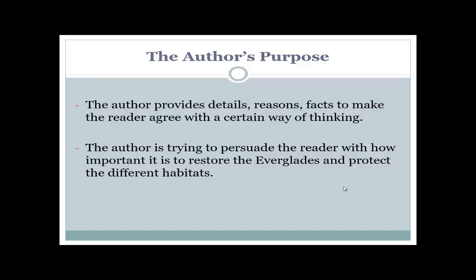So the author's purpose is to persuade the reader, to convince the reader, to make the reader agree with how important it is to restore the Everglades and to protect the Everglades and the different habitats in the Everglades.